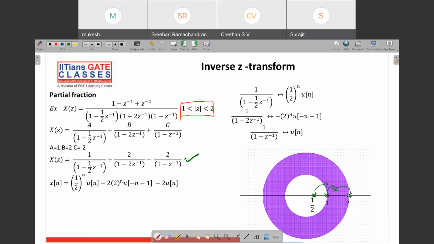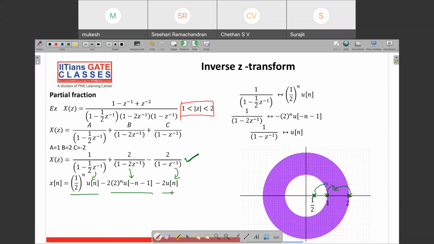So for the term which contains this pole, we should take the inverse Z transform which is left-sided. So the first term is again right-sided. Second term will become left-sided. Okay, this is the term which contains the pole at z equal to 2, and the third term is again right-sided. Okay, so in this case we have a both-sided signal because we have right-sided as well as left-sided.